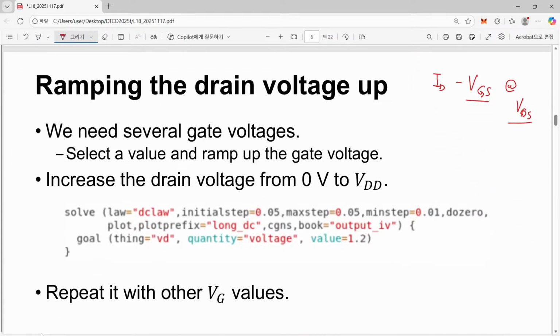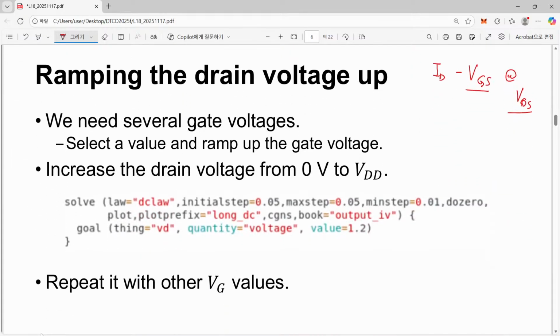Now let's go to the output characteristics. Instead of this ID versus VGS, now we have ID versus VDS at a given gate voltage. So that is usually called the output characteristics because the drain terminal is regarded as an output terminal.